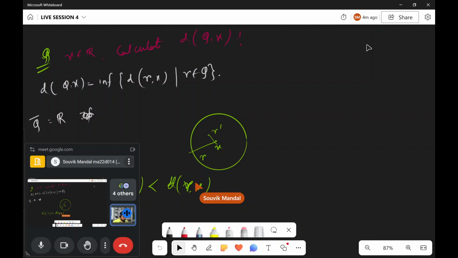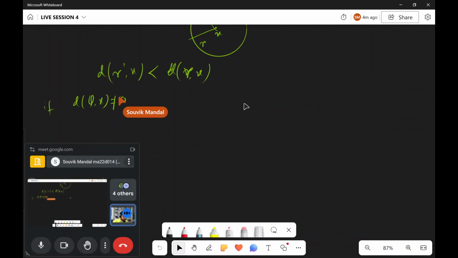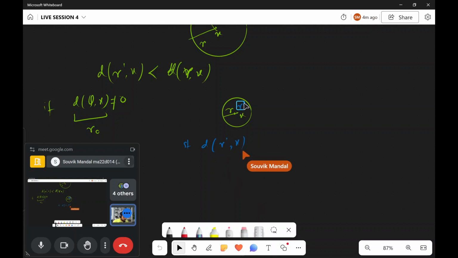So this means that if d(Q, x) is non-zero, suppose this is equal to r naught. Then we can choose the fixed point x, and consider a small radius r naught, and there we will be able to find an r prime such that the distance between r prime and x is less than d(r, x), correct?